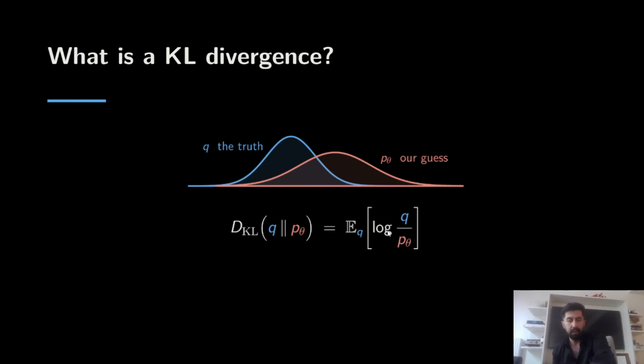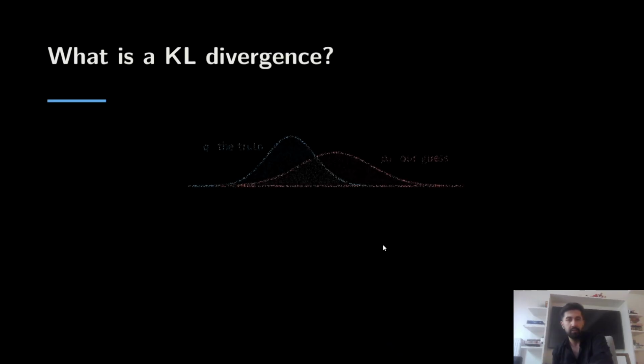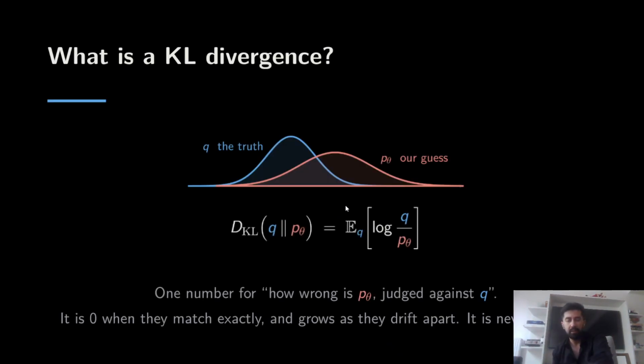And the expression is, if we have two distributions q and p, the expectation under q of log q over p, and this is what we got at the end, the KL divergence. We spoke a lot about the KL divergence in a different video.